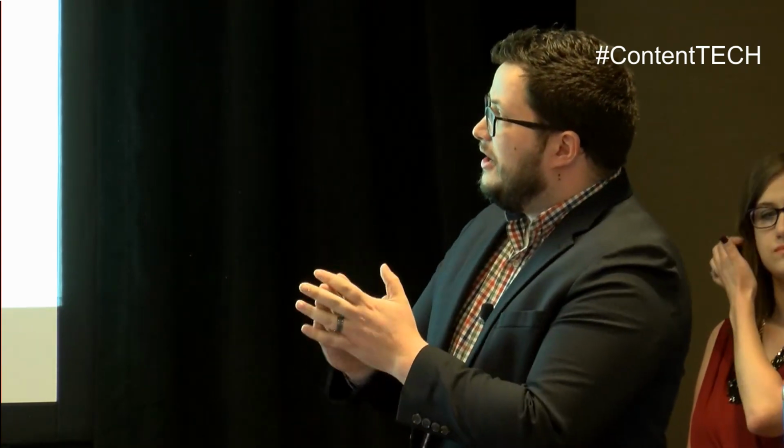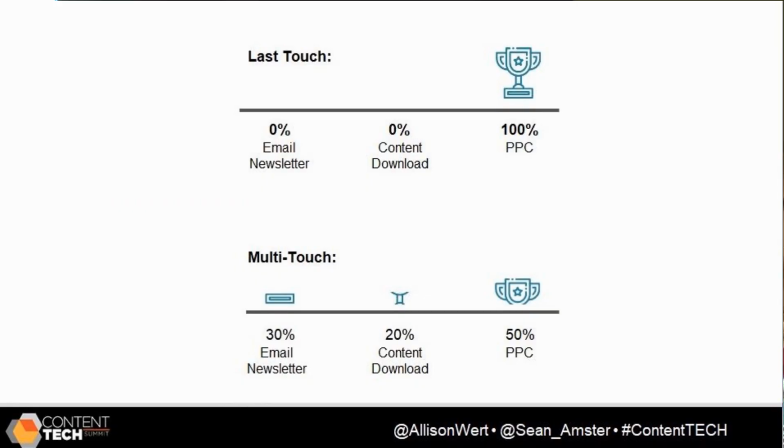So, a little more practically, let's say this is someone's journey to become a lead. They read our email newsletter, they downloaded a piece of content, but neither of those things had enough oomph to make them fill out a form to become a lead. But then they finally clicked a PPC ad and converted right after that.